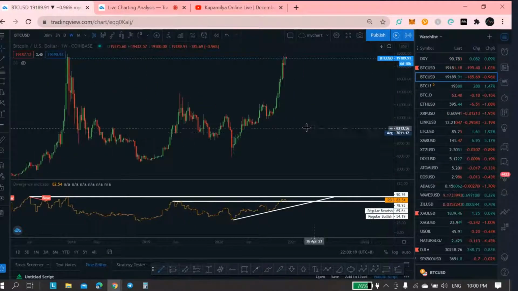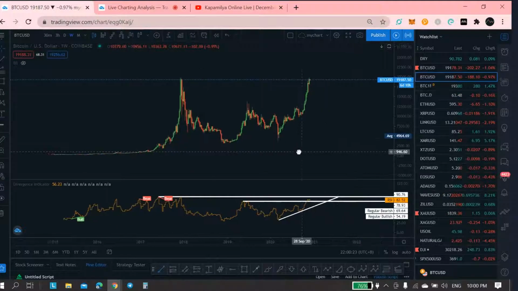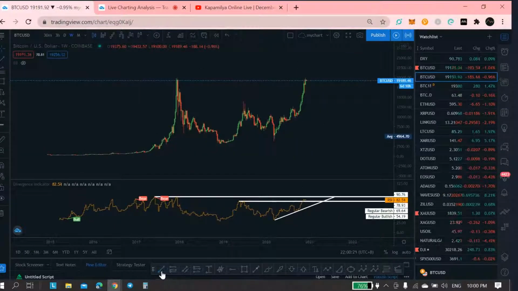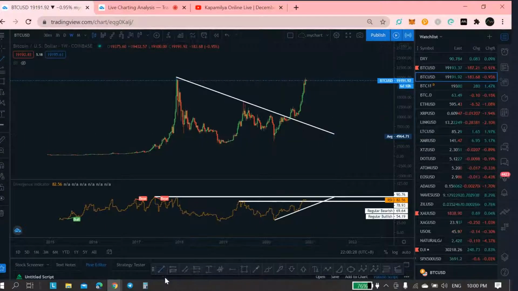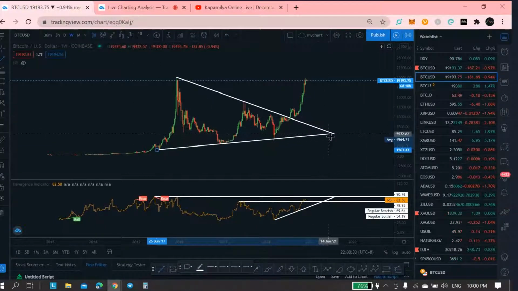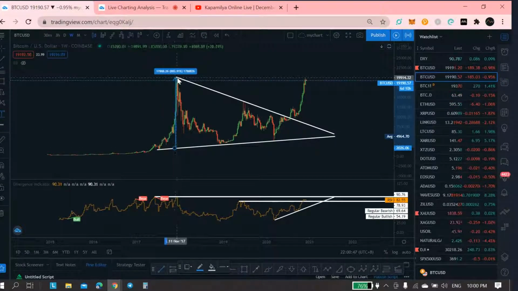For this one, oh, I think I did not mention the, anyway, let me just add a long-term view here on Bitcoin. So this is a triangle, and normally a triangle, you just measure the height of it and put that after it breaks that area. So either a breakout or a breakdown.